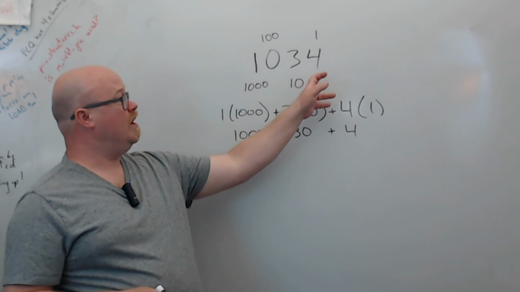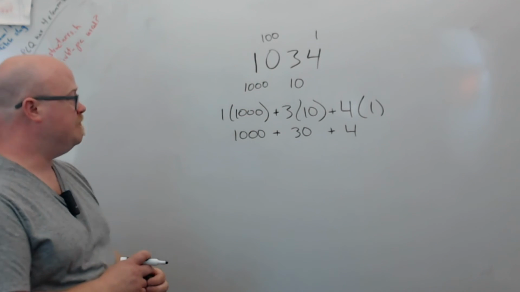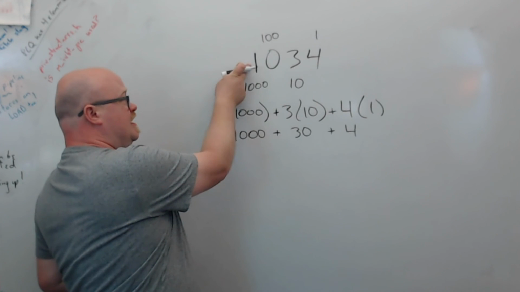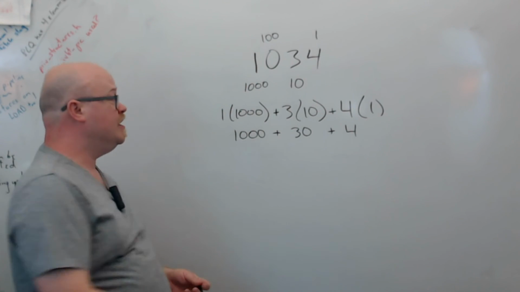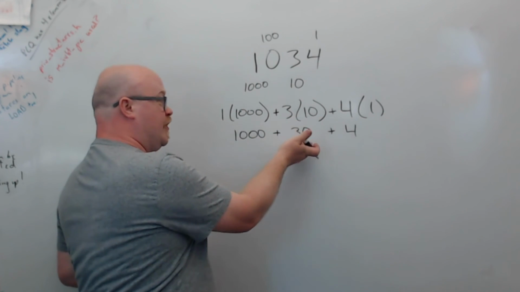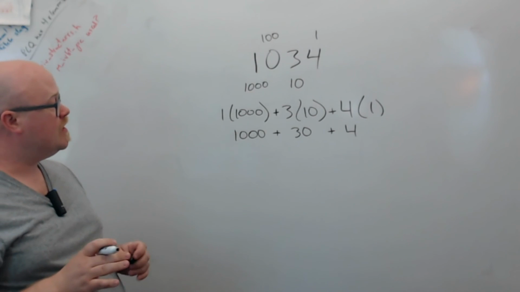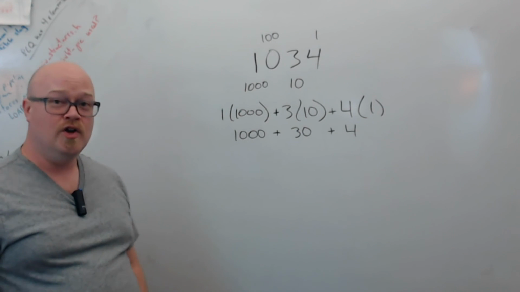So we go from ones to tens to hundreds to thousands to 10,000s and so on. And then each of those digits is a coefficient that's multiplied by the value of that particular position. So we have 1034, literally.